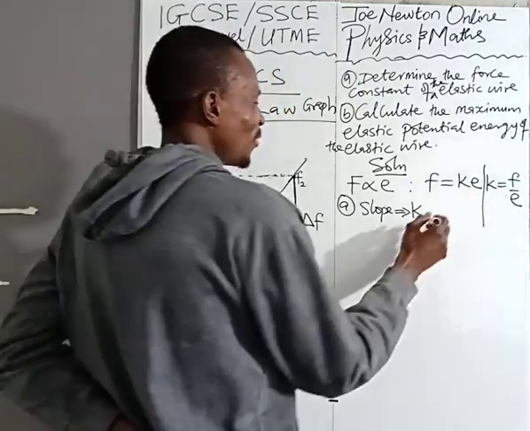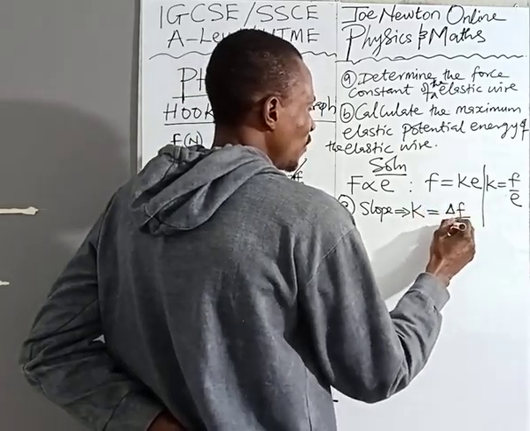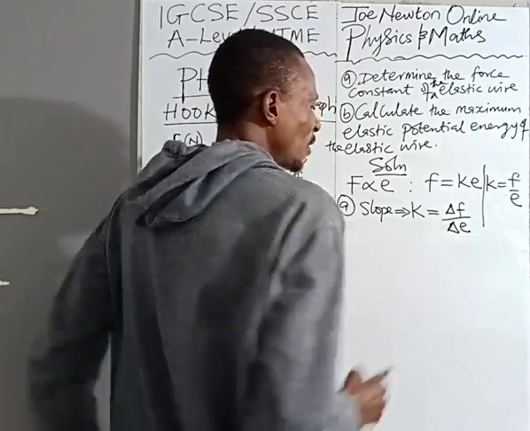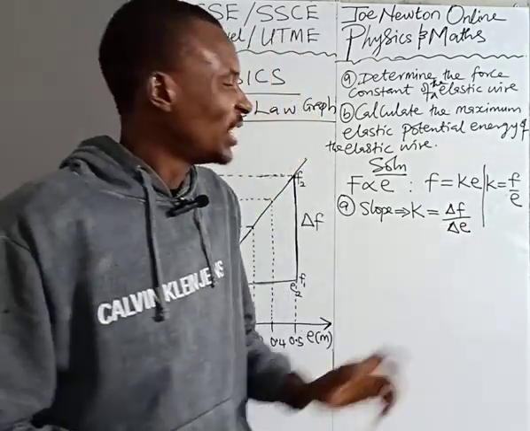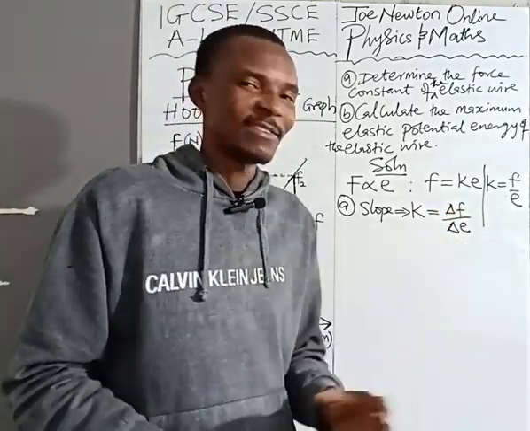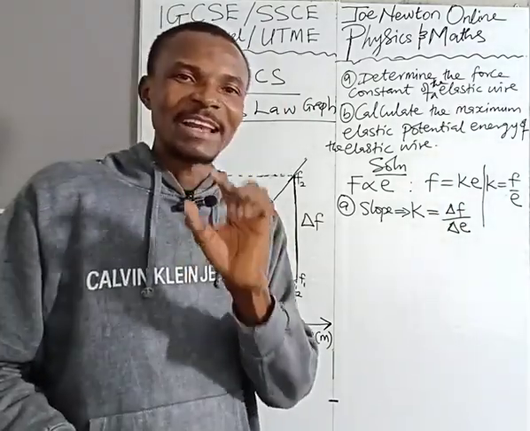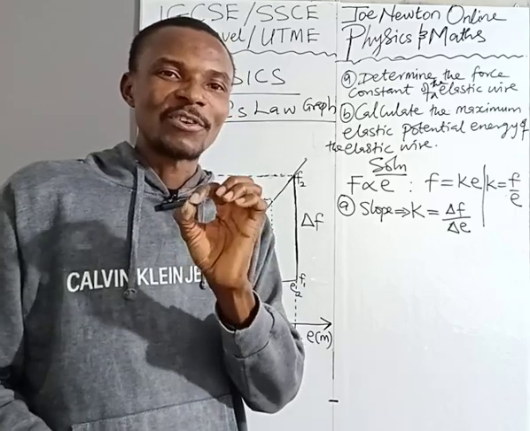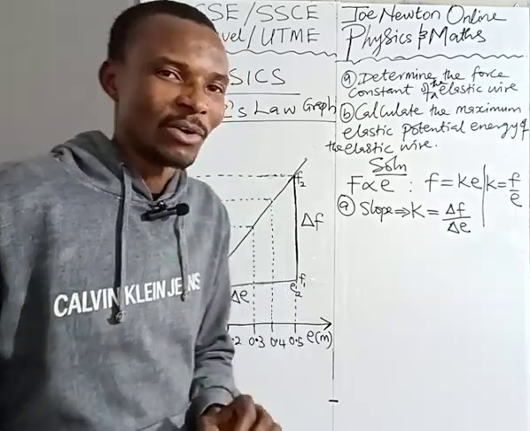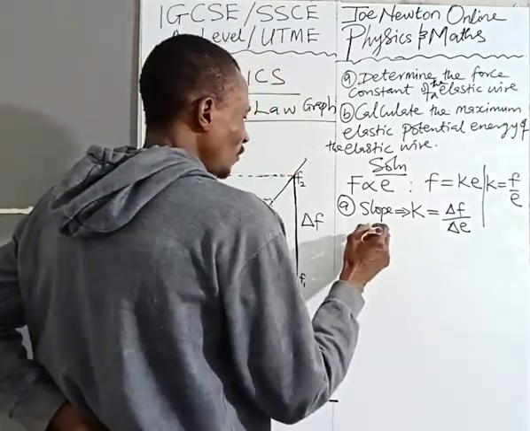Which is equal to delta F over delta E. That means the change in force axis over the change in extension axis for that graph of Hooke's law gives you the elastic constant or the force constant of the material, otherwise known as the stiffness of the material.